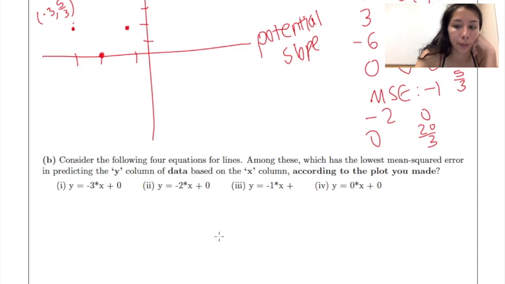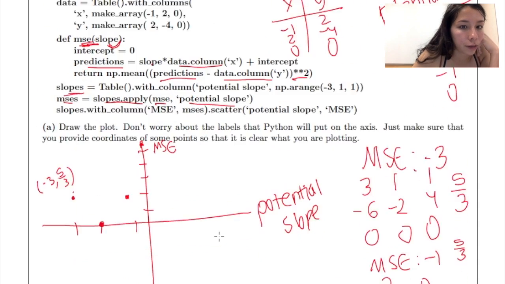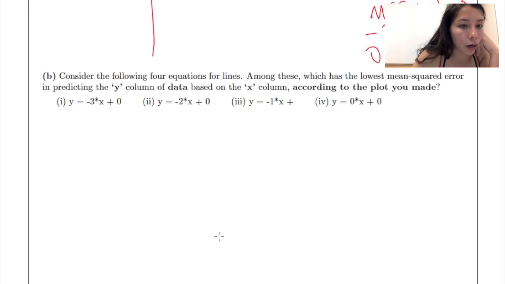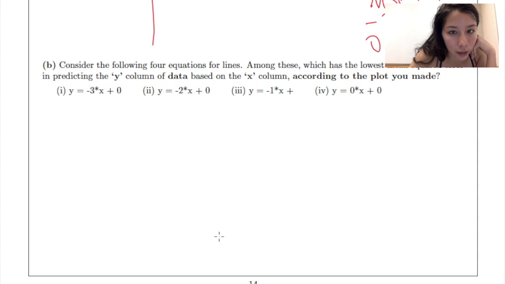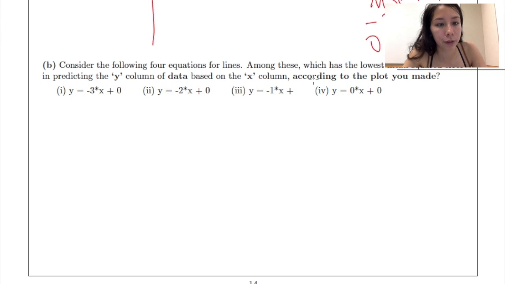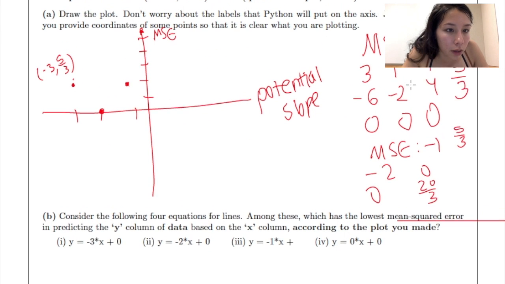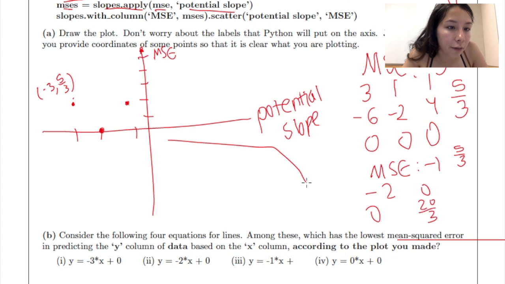So let's look at part B. These are 4 equations for lines. We're looking for the lowest mean squared error in predicting the y column based on the x column according to the plot we made. If we look at this plot, the mean squared errors are 5 over 3, 0, 5 over 3, and 20 over 3, based on the slopes -3, -2, -1, and 0.